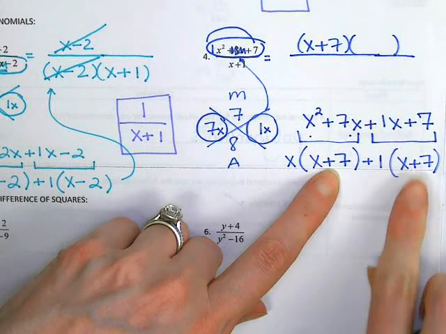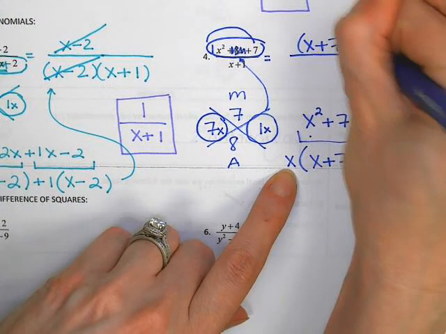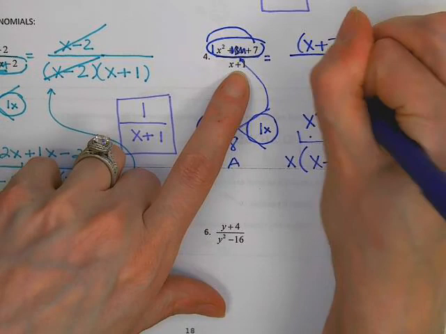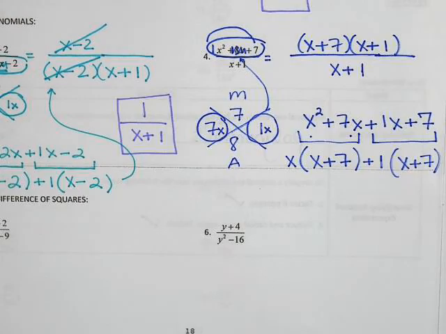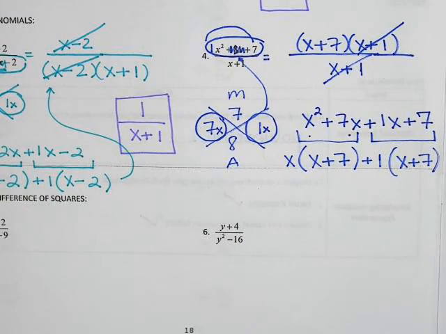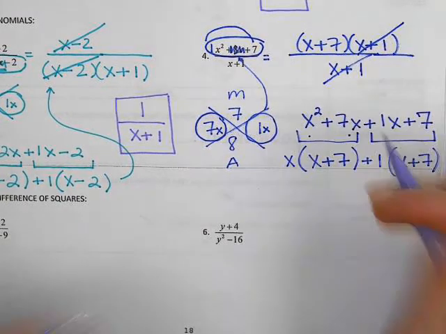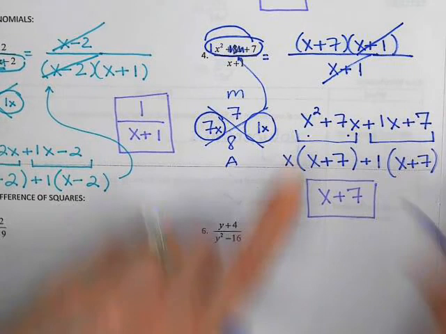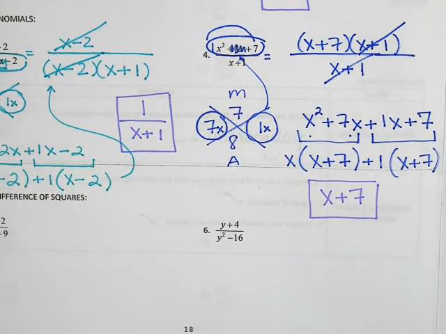And the second parenthesis is the x plus 1. And then this one was just an x plus 1 with nothing to do. Okay, so what cancels? The x plus 1's cancel, and whatever's left is your answer, and it's x plus 7. And that's on top, so we don't need a 1.